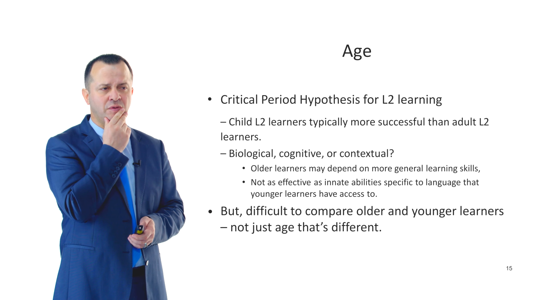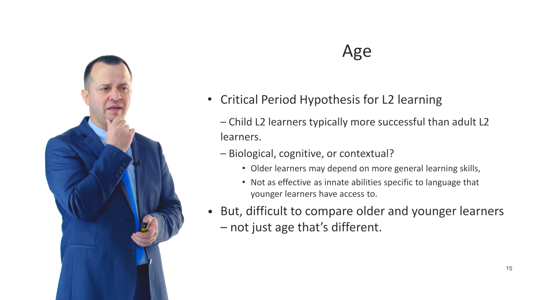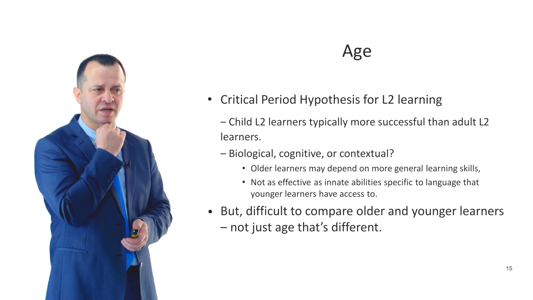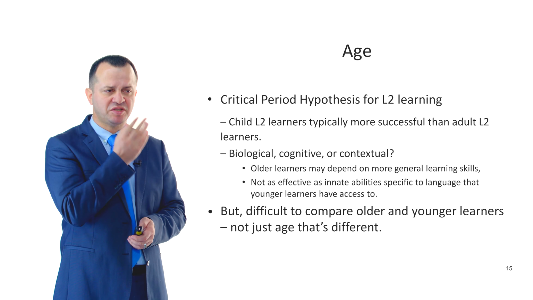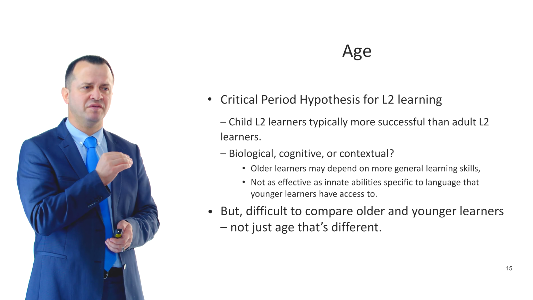Why? Because older learners may depend on more general learning skills, not as effective as the innate abilities specific to language that young learners have access to. But it's difficult to compare older and younger learners, as it's not just age that's different.